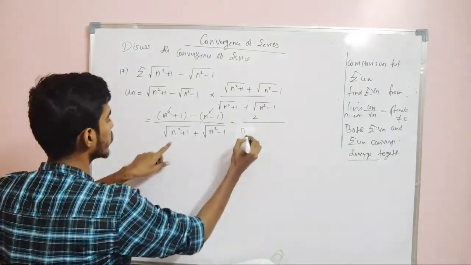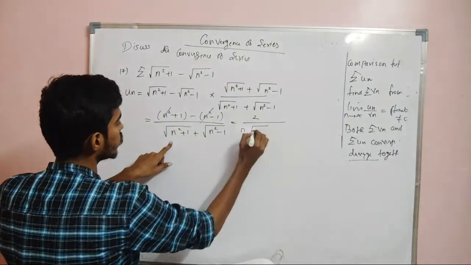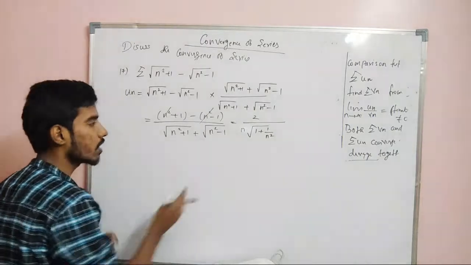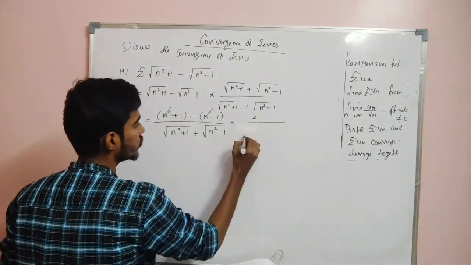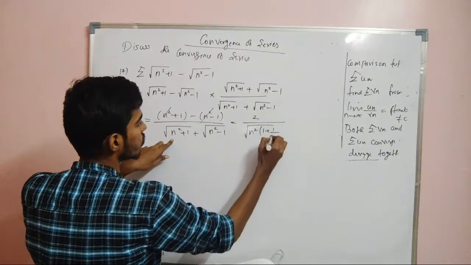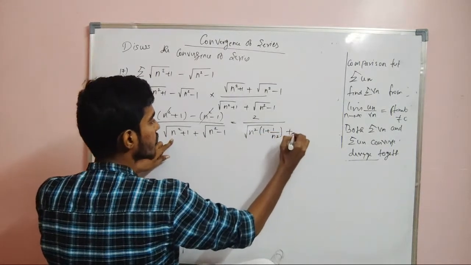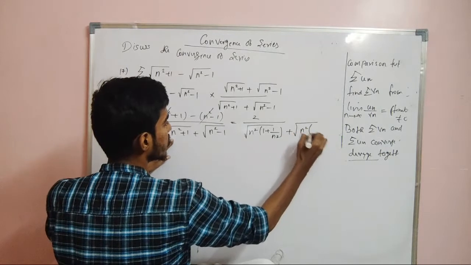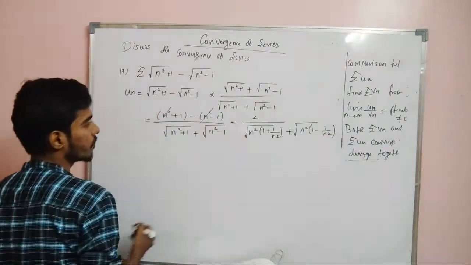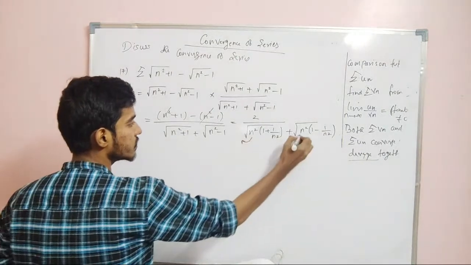So if I take n common here, this will be square root of 1 plus 1 by n square. Or if you have any confusion, you just take n square common here. So we'll have 1 plus 1 by n square, plus again you just take n square common inside the root, so we'll have 1 minus 1 by n square. Now you take this n square and this n square out.